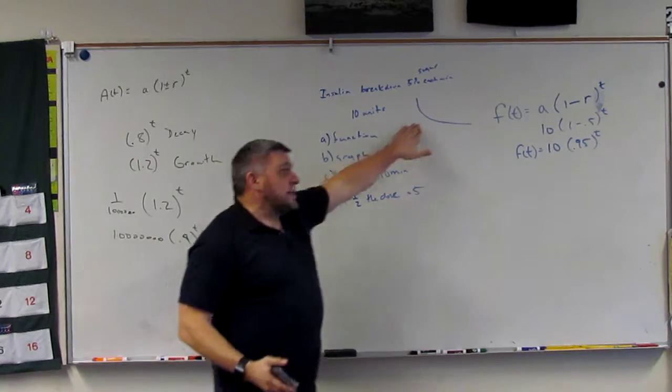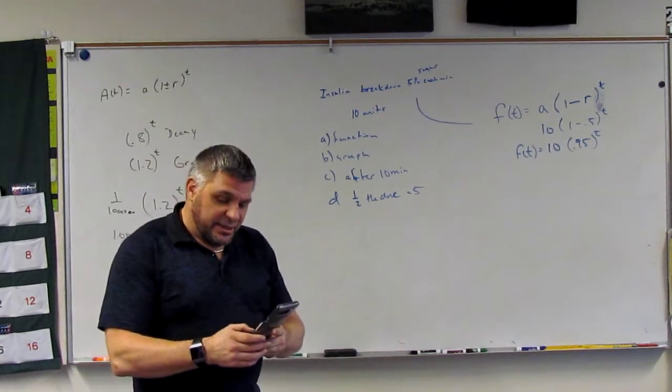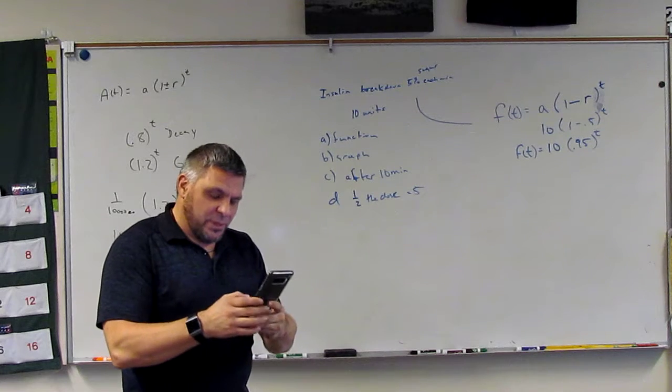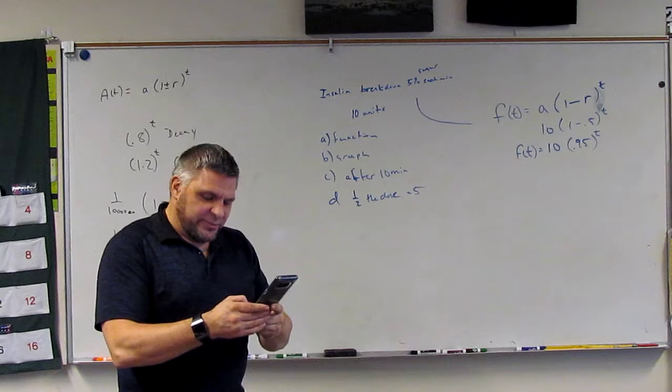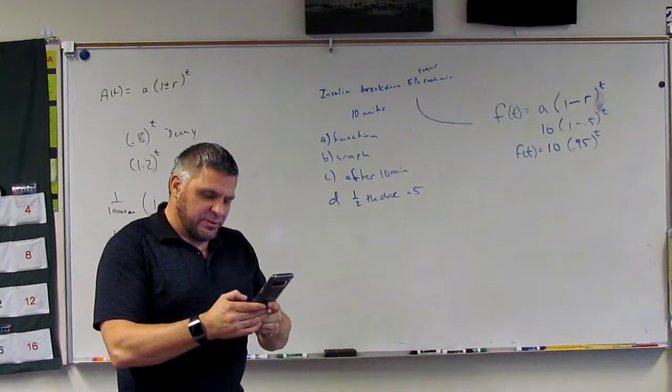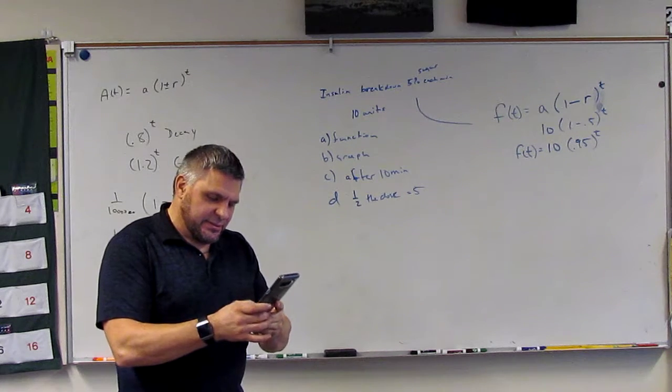It should look like this, right? Because it's decay. But let's find out what it does look like. All right, so we're going to change this from 1.03 to 0.95. And we're going to change the 580 to 10, right?